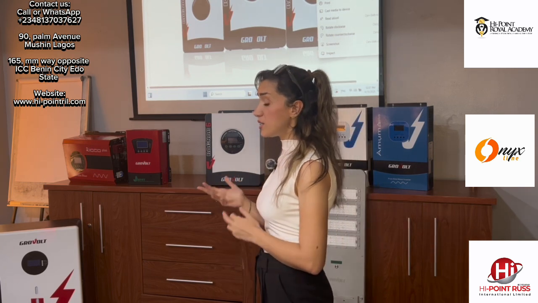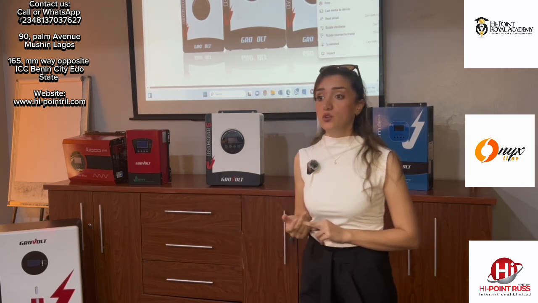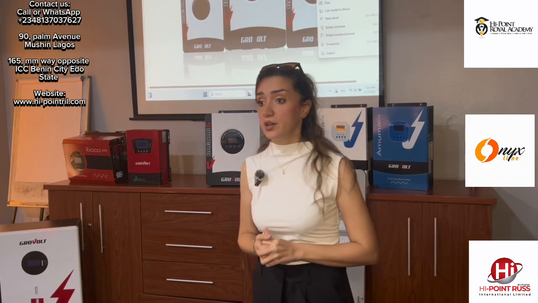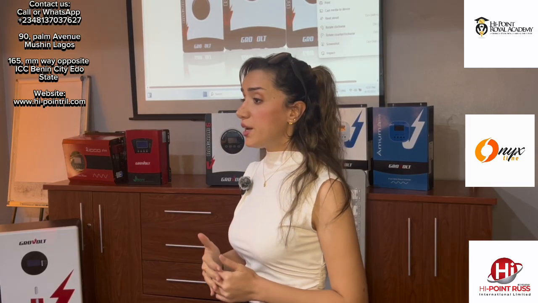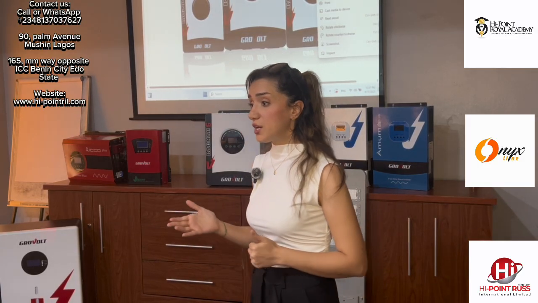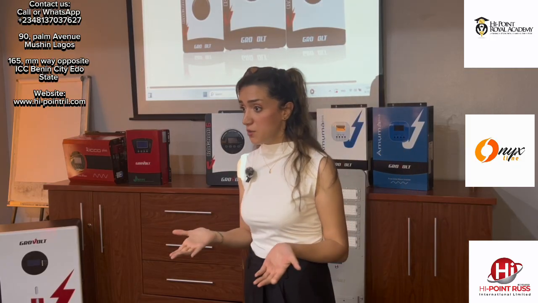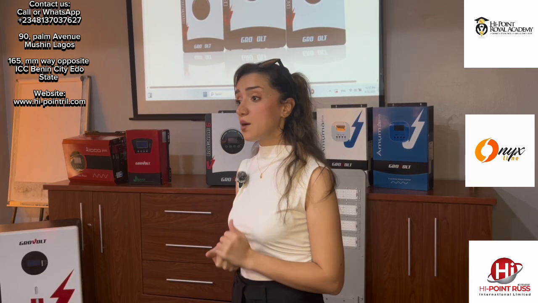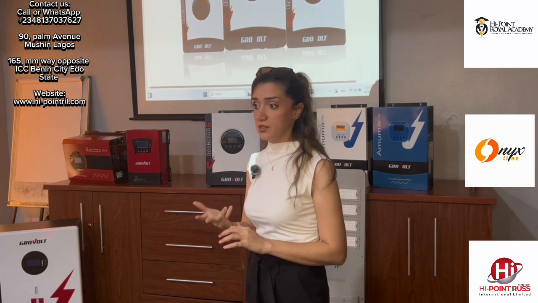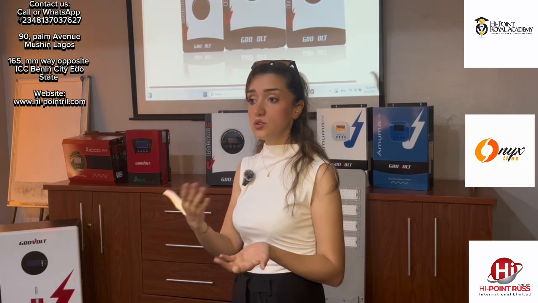But 6 kilo has parallel function, and 12 kilo has parallel function. 6 kilo, if I parallel 12 pieces, that means I can get 72 kilowatt capacity from the inverter, right? Also we can parallel to 3 phase, single phase or 3 phase. It depends what you need.